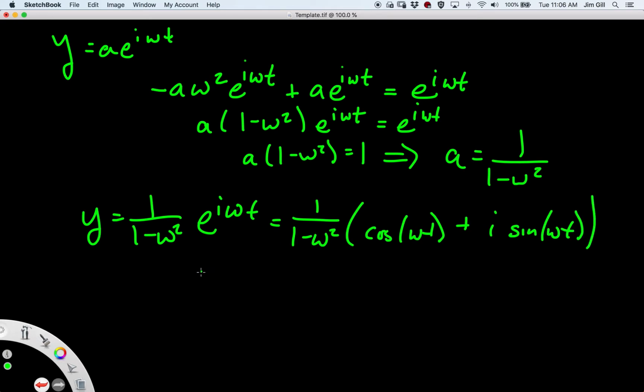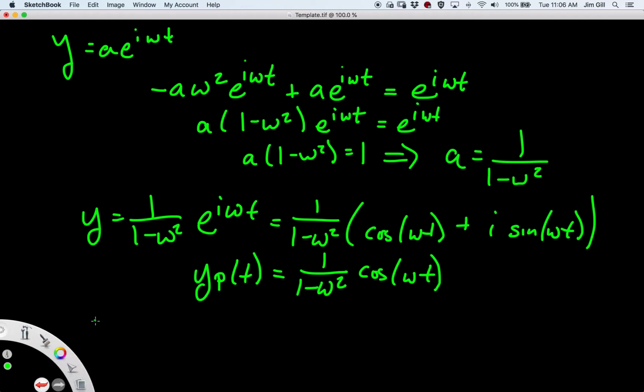And we take the real part, so our particular solution is equal to 1 over 1 minus omega squared cosine omega t. Okay, so there's our particular solution.